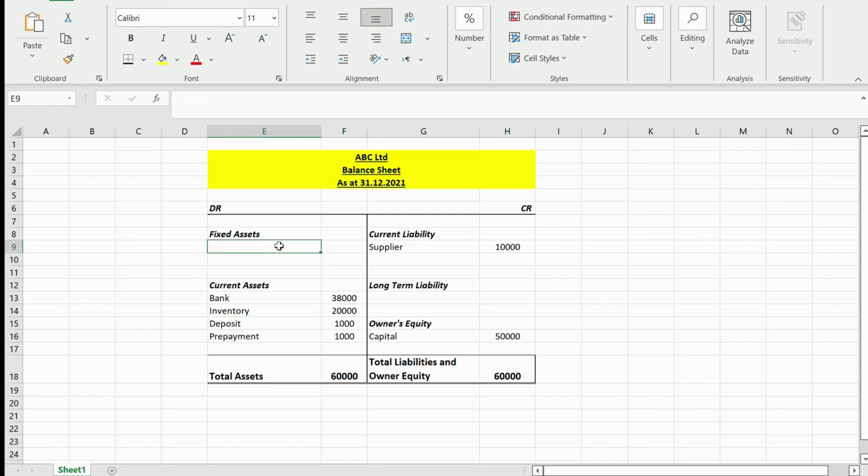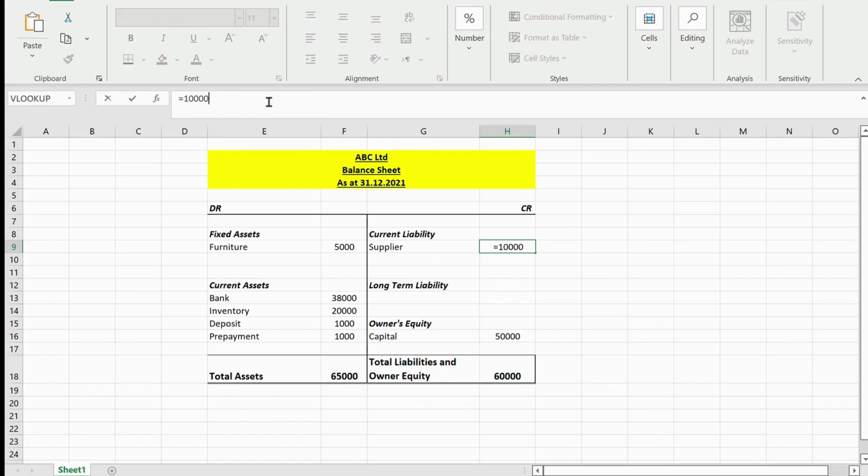So let's say the owner got furniture for 5,000, and again, the owner didn't pay from their bank. The owner just got this on credit from the same supplier. So if the owner is not paying out of their bank, they'll have to create a liability. So let's increase this liability by that 5,000.